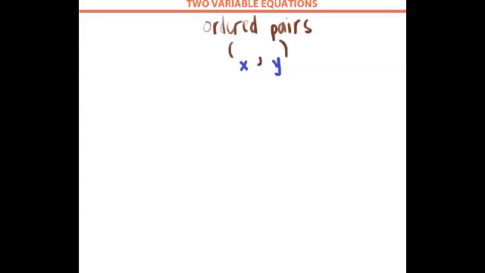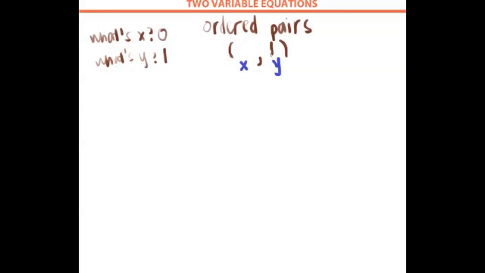So for the sake of doing this, let's say I picked 0 and 1. If I asked you, what's x? What would x be in this problem? x would be 0. How about what's y? y would be 1. So whatever's on the left side of the comma is x, whatever's on the right side is y. Let's change this up.